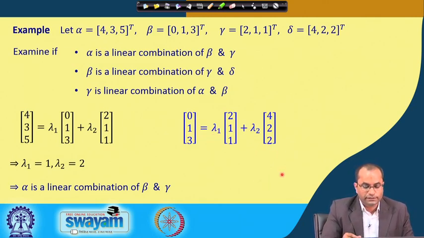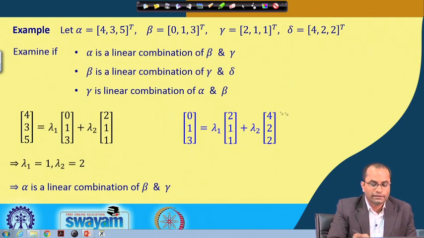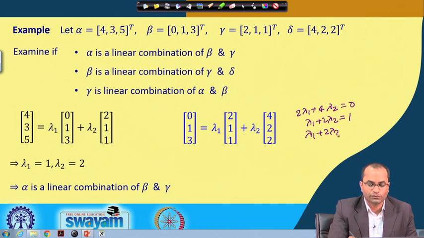And now, to check this is quite obvious here. If we write it in terms of equations, the first equation is 2 lambda 1 plus 4 times lambda 2 is equal to 0. The second equation is lambda 1 plus 2 lambda 2 must be equal to 1, and the third equation is lambda 1 plus 2 lambda 2 is equal to 3.